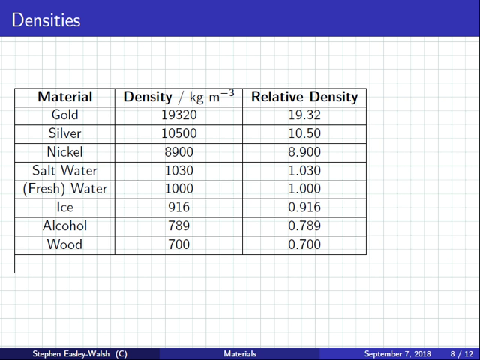I'd have to look it up, but it should be pretty dense, because all the metals, gold, silver, nickel, are pretty dense. Air is about 1.2. You got all that? Okay.